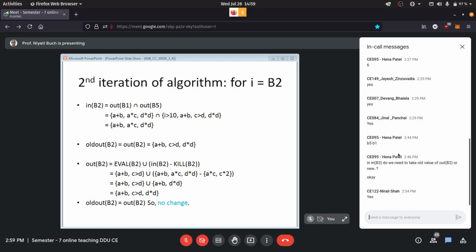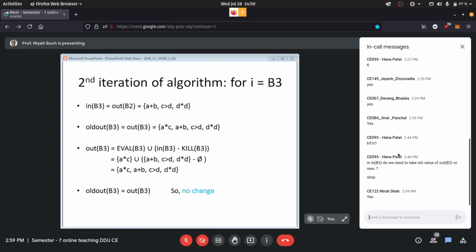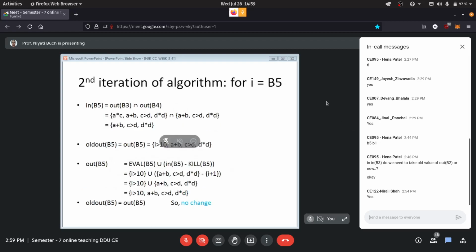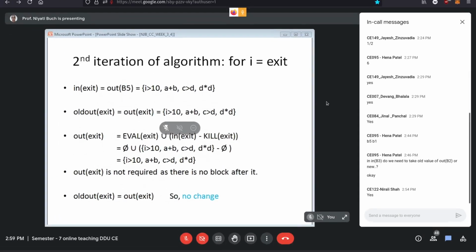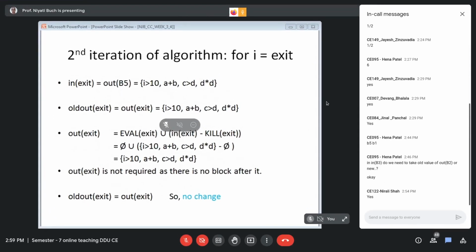Same thing for B3, we are able to observe that the value of the outset is not changing. For B4, same scenario. For B5, also same scenario. And for exit, practically we don't have to do much. And over here also we are observing that in the second iteration there is no change.